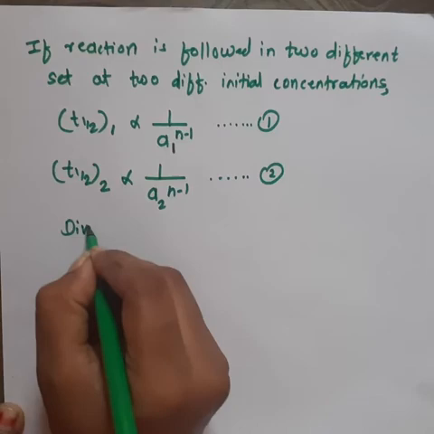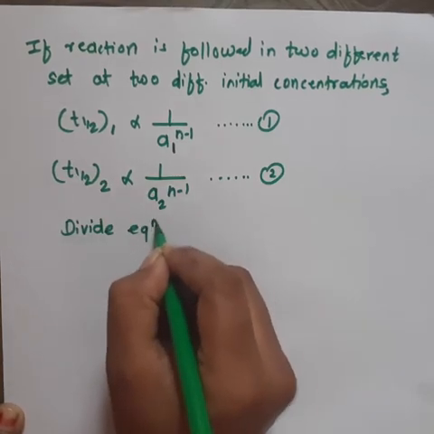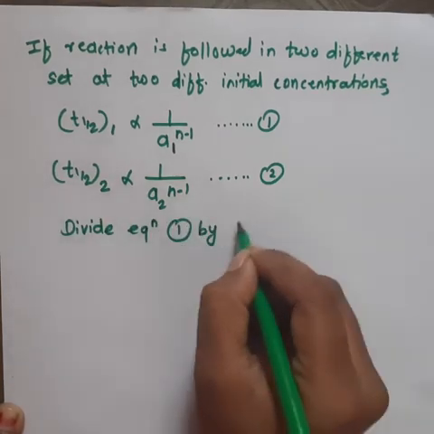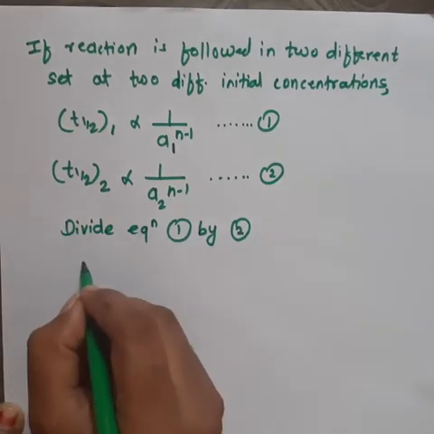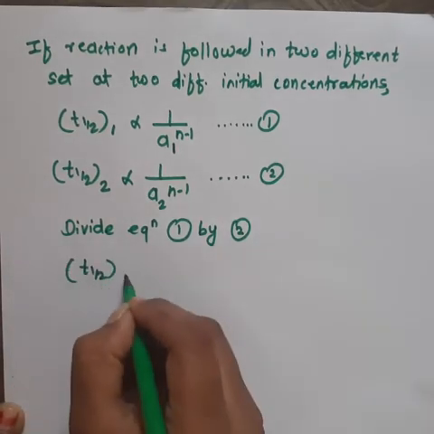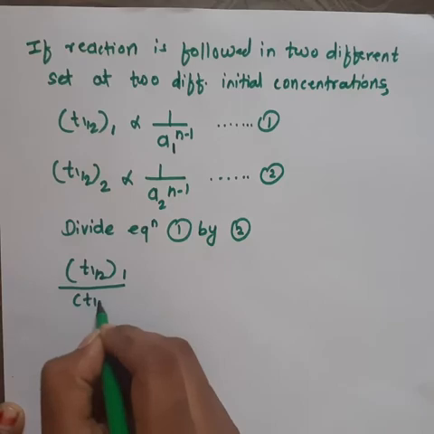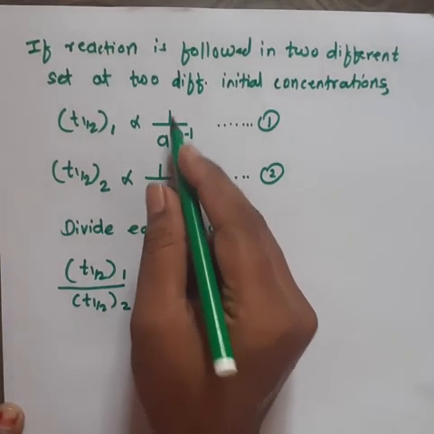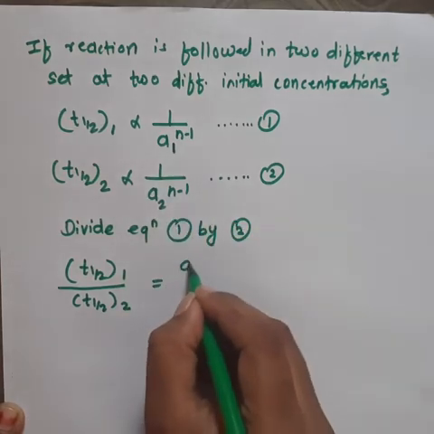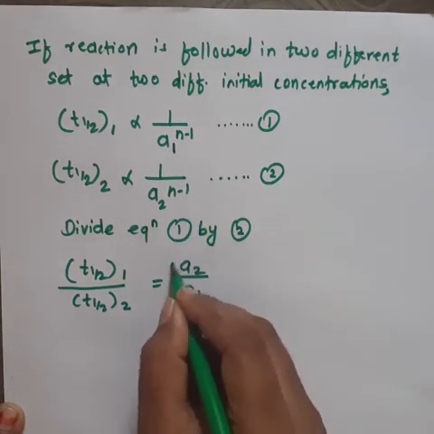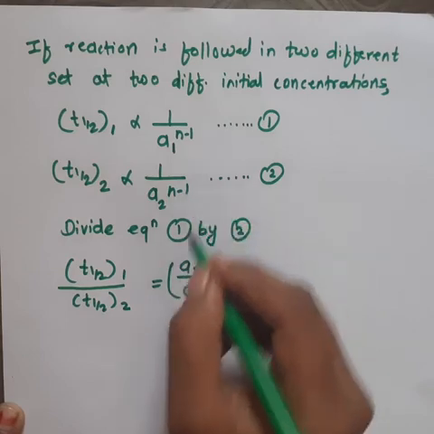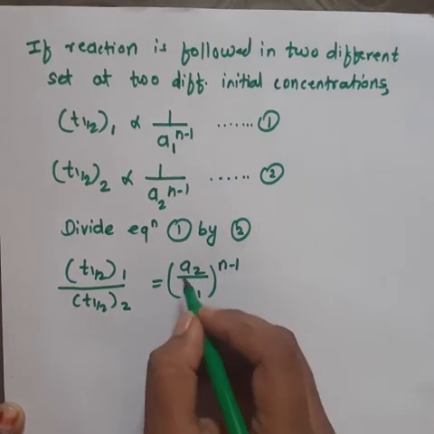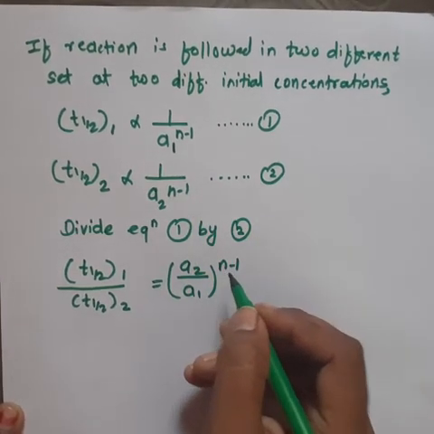Therefore, if we divide equation 1 by equation 2, we get T half of 1 divided by T half of 2 is equal to 1 upon A1 and 1 upon A2, which becomes A2 upon A1, and n minus 1 is common, so we can write (A2 upon A1) raised to n minus 1.